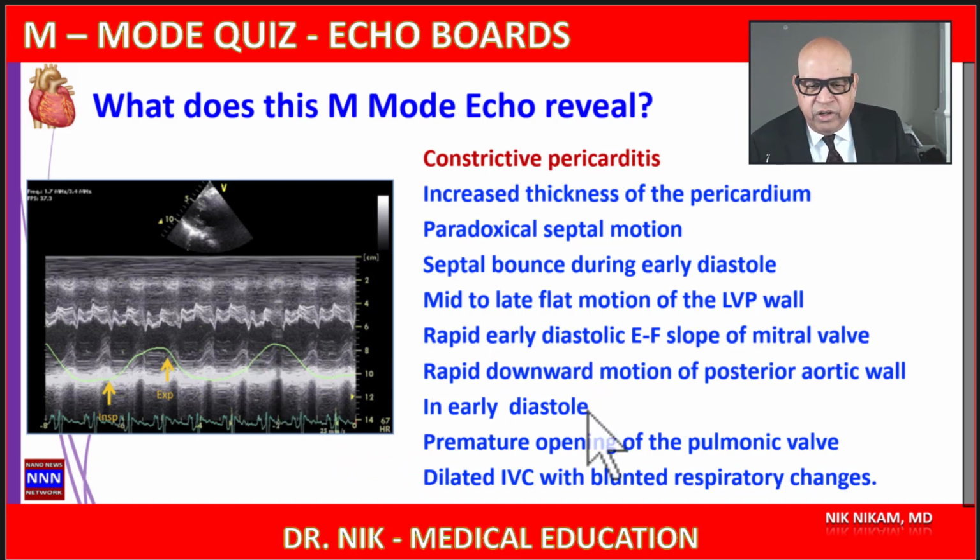And there is also a premature opening of the pulmonic valve. And of course, in patients with pericardial tamponade or restrictive cardiomyopathy or constrictive pericarditis, they all have dilated IVC. And in patients with constrictive pericarditis, the respiratory variations are pretty blunted, and so are the same findings in patients with tamponade.